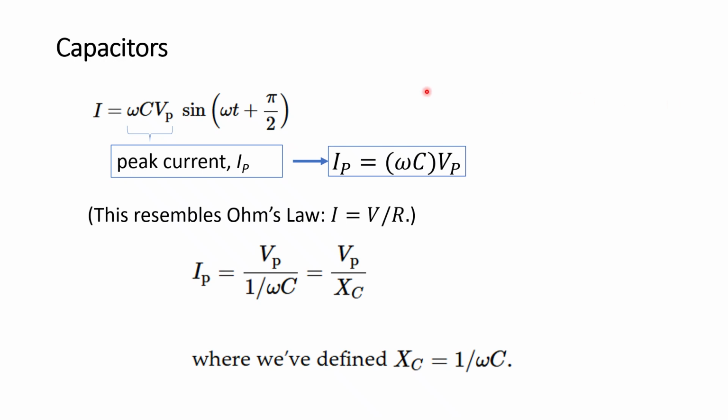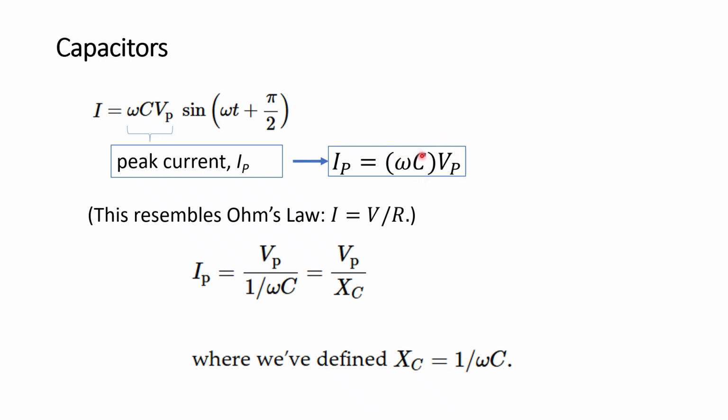Let's go back to the equation. The peak current, we'll call it I sub p, is omega C times V sub p. And this resembles Ohm's law, the idea that current is voltage divided by resistance, or if you look in the blue box, you can think of it as peak current is, and Ohm's law says current is resistance times voltage.